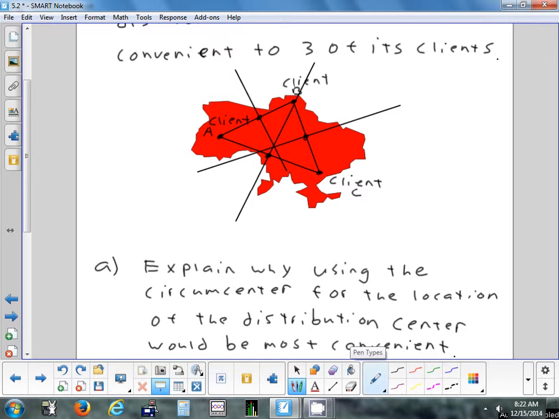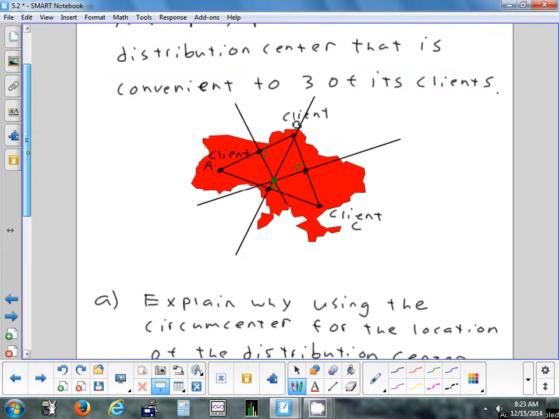So there's the circumcenter. So that's about where you'd want to put the factory. And it would be equidistant between all 3. Any question on that? Okay, so there's one use for the circumcenter.